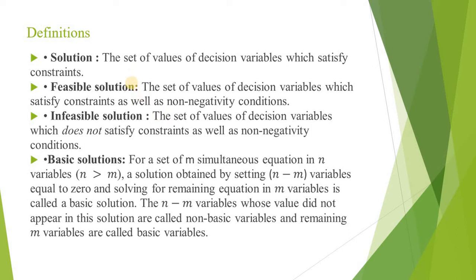And basic solutions: if there are m simultaneous equations, in other words m constraints and n variables, and the number of variables is more than the constraints, then a solution obtained by setting n minus m variables equal to 0 and solving the remaining equations of m variables is called the basic solution. In other words, m out of n variables will have non-zero values, while the rest of the variables will have zero values, and those non-zero values are known as the basic solution.